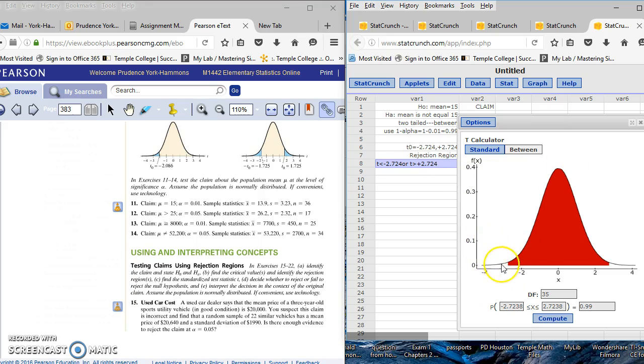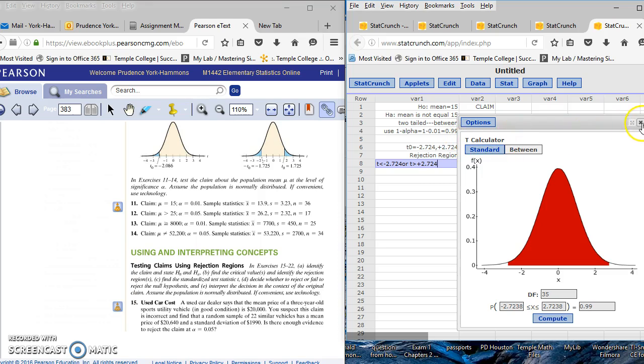So that's when t is less than a negative 2.724, or when t is greater than a positive 2.724. And I got all of that from the t calculator. So in order to find your rejection region, you have to use the t calculator.